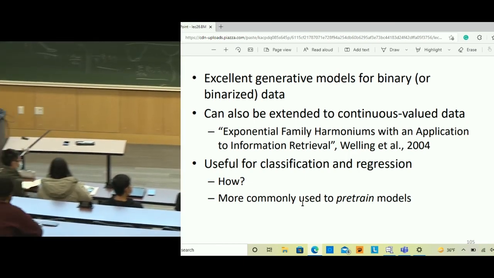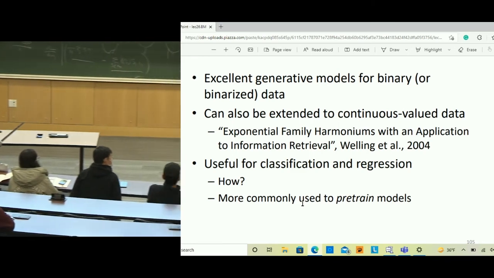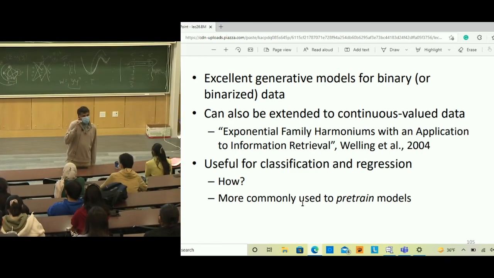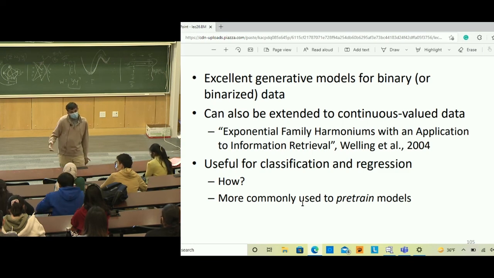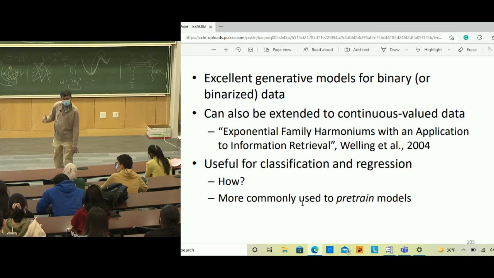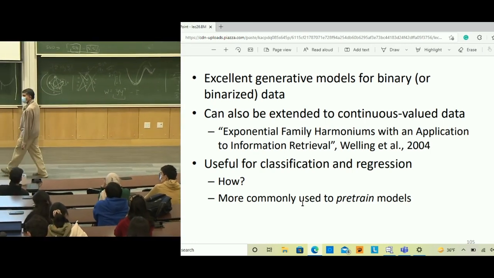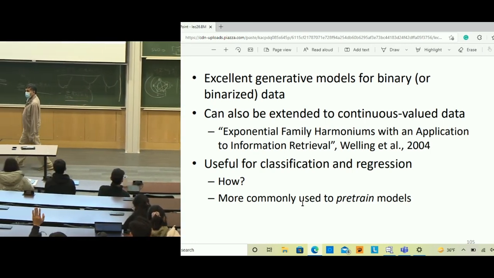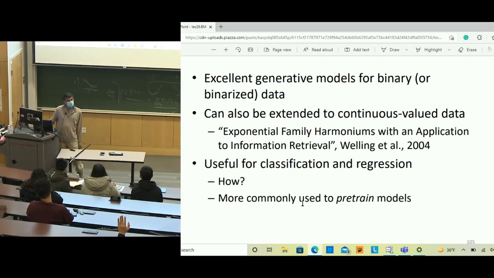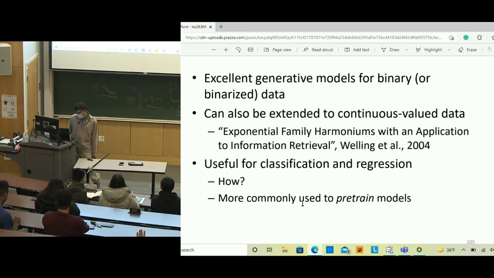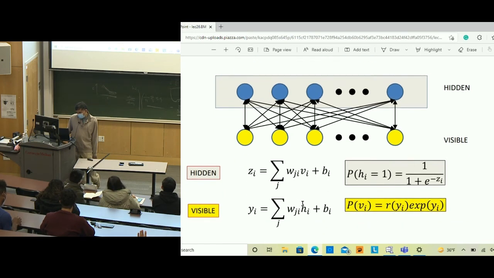What people did for a long time was to use the Boltzmann machine formulation to train the initial layers of the network, train the network initially, and then start from that point to run standard backprop. And it turns out that that actually makes complicated networks converge, particularly when you have very little training data, whereas they traditionally wouldn't, right?